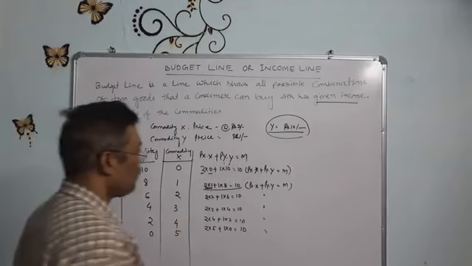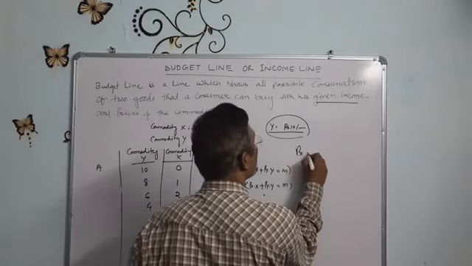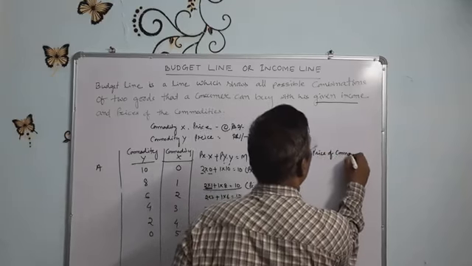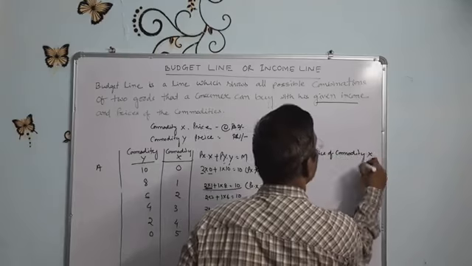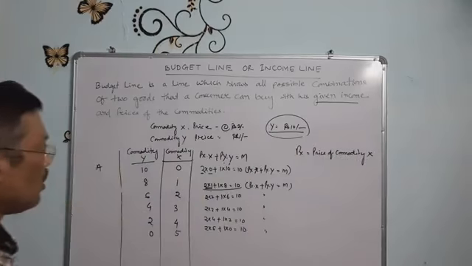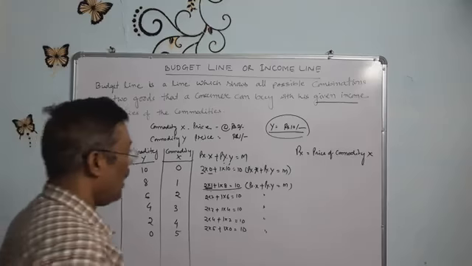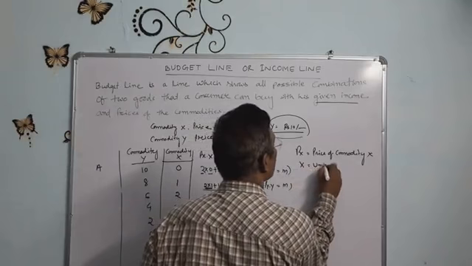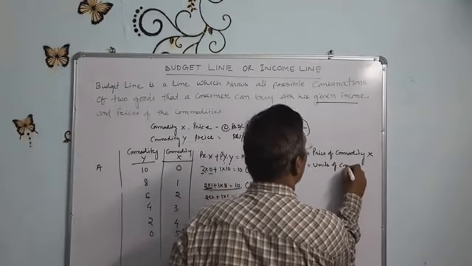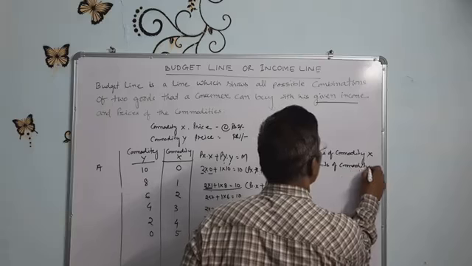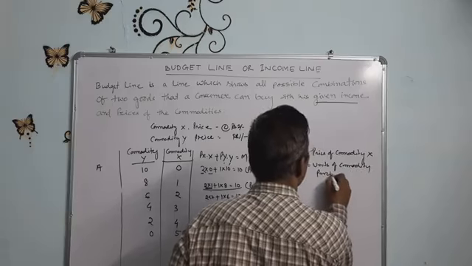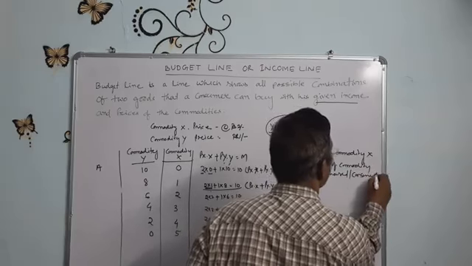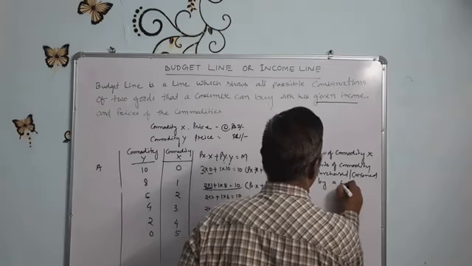Here Px is the price of commodity X, and X is the units of commodity X purchased or consumed by a consumer.